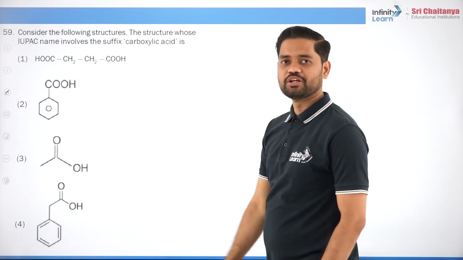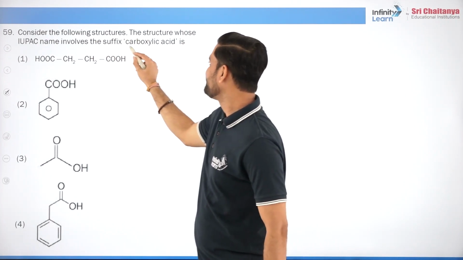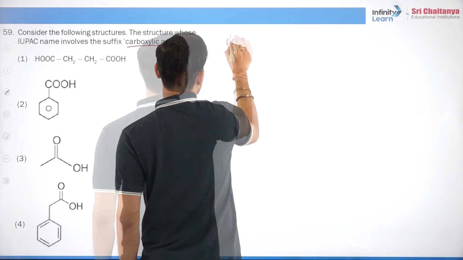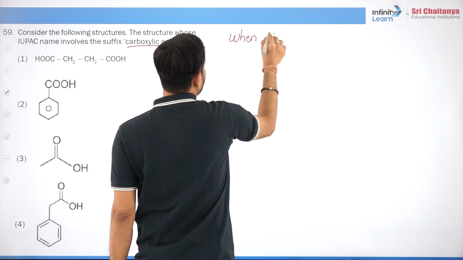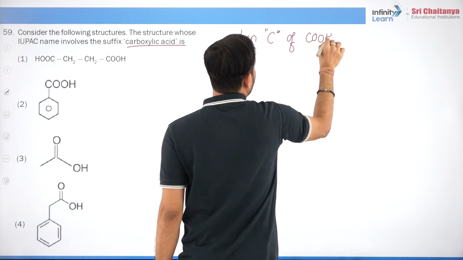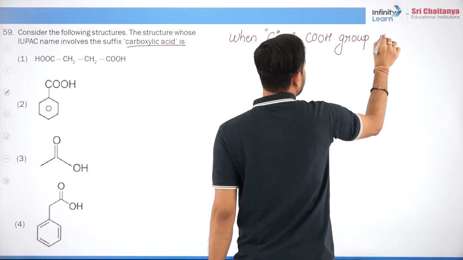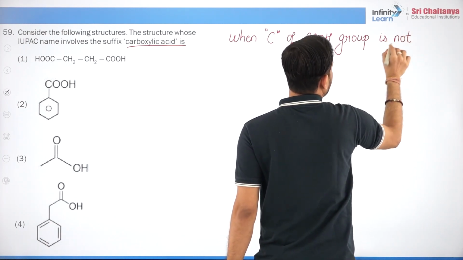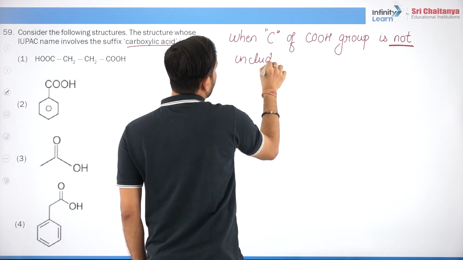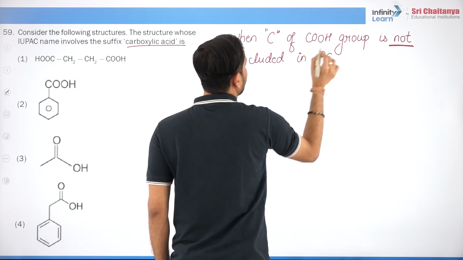Consider the following structure. Talking about question number 59, guys. The structure whose IUPAC name involves the suffix carboxylic acid, and this suffix carboxylic acid comes when the carbon of the COOH group is not included in the parent chain or longest chain.